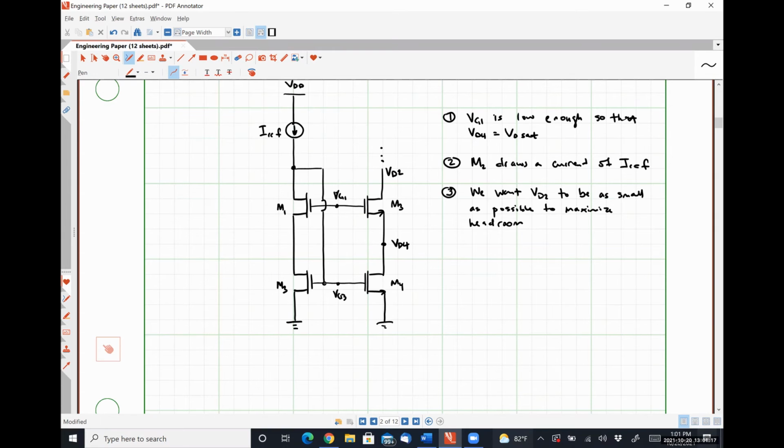So to force that to happen, I'm going to add another transistor. Let's say that we have another current mirror, effectively, IREF. Let's call this transistor M5.